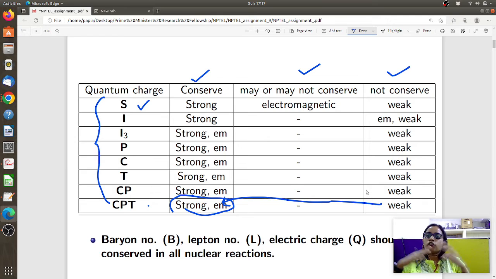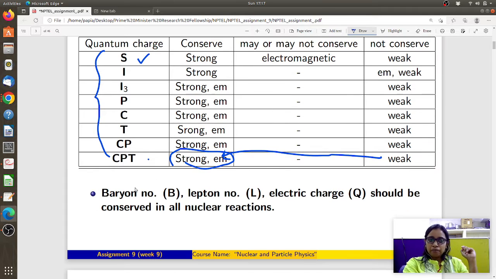So when we talk about a question related to nuclear and particle physics, and when we talk about the nature of any reaction, we have to remember where strangeness will be conserved, where strangeness will not be conserved, and isospin, third component of isospin, all these things we have to keep in mind, because these will be very important when we deal with questions on nuclear and particle physics, nuclear interactions basically.